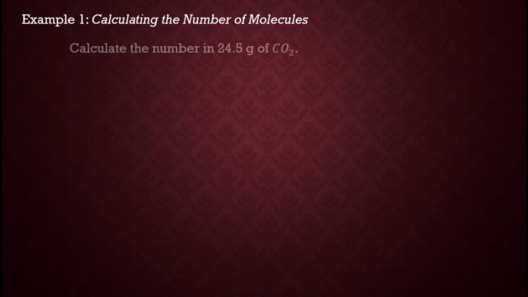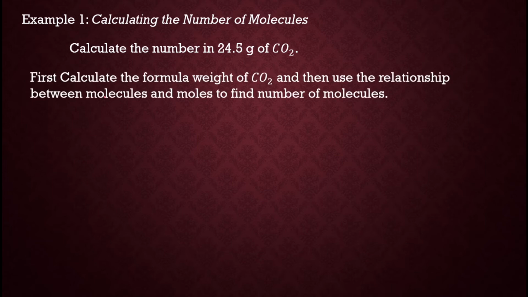For example, calculating the number of molecules. Calculate the number of molecules in 24.5 grams of CO2. First we calculate the formula weight of CO2, and then use the relationship between molecules and moles to find the number of molecules.